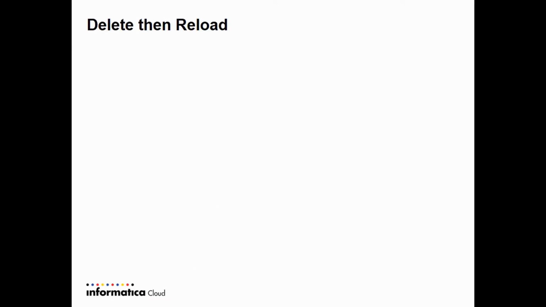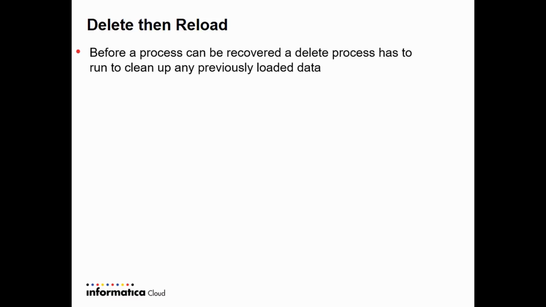Let us now talk about delete then reload. The delete then reload design approach is used when a mapping can by chance have a partial commit before an unexpected error occurs. If part of the data can be loaded and the process is not easily designed to account for that data, that is, being a state-aware process, this pattern should be implemented.